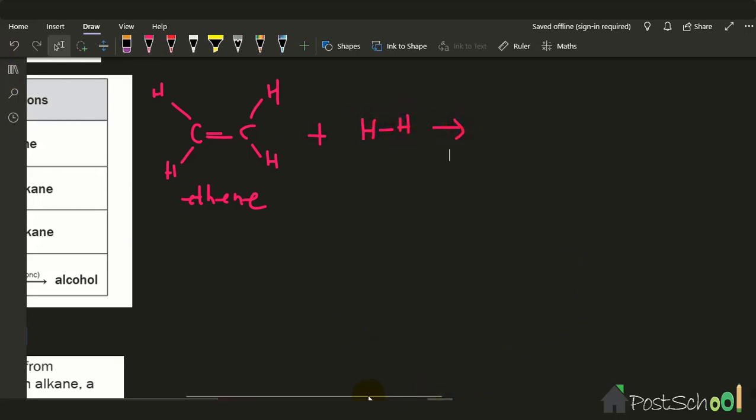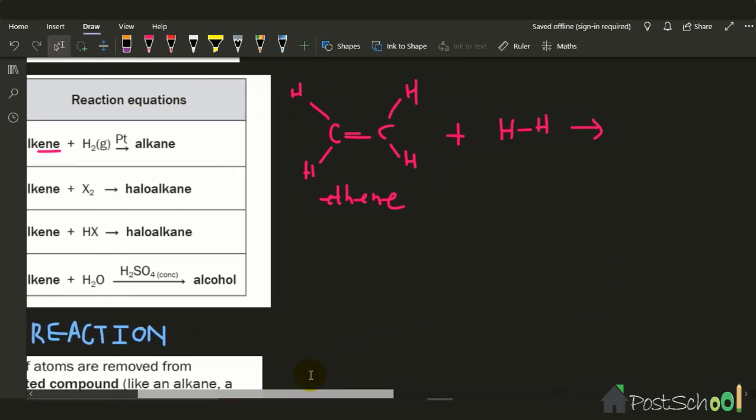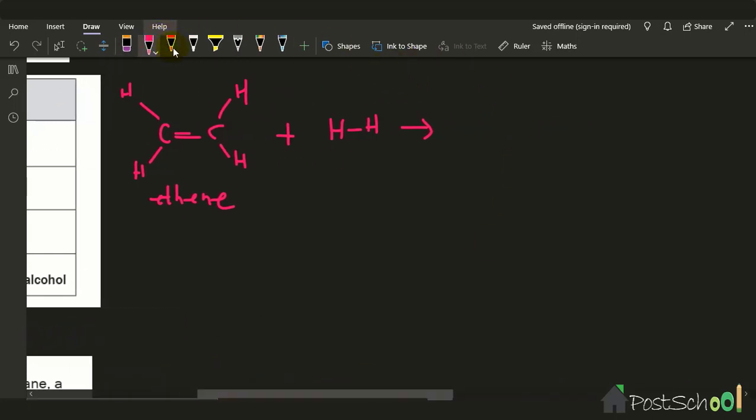So since we are adding, we are not substituting anything, so this bond will break. Once the bond is broken, we form an alkane again in the presence of a catalyst.